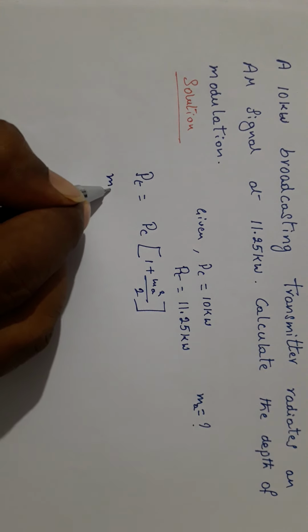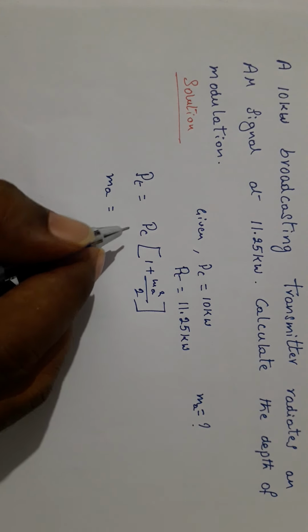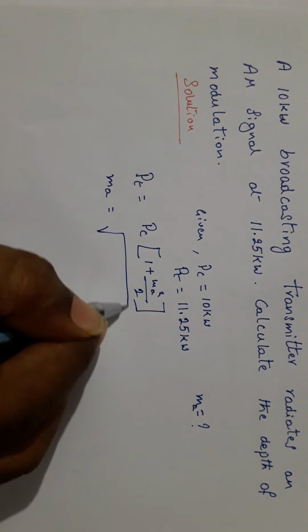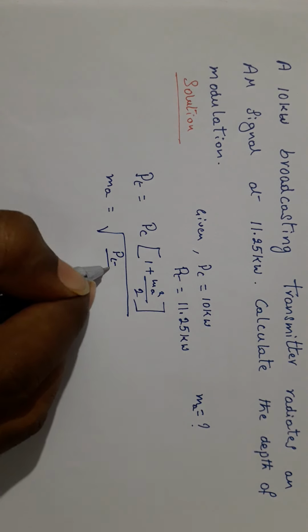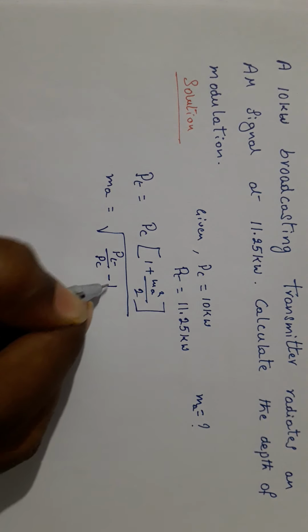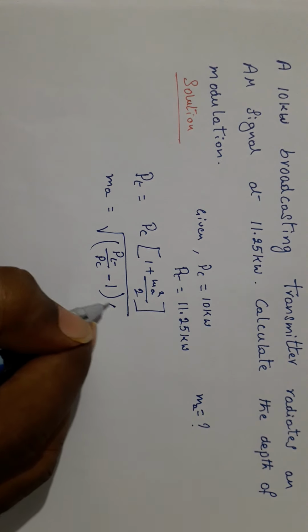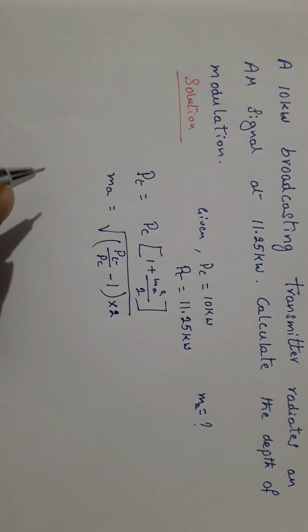Therefore, Ma equals square root of Pt divided by Pc minus 1, into 2.